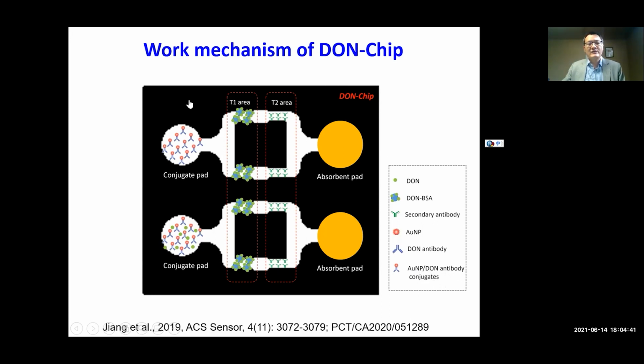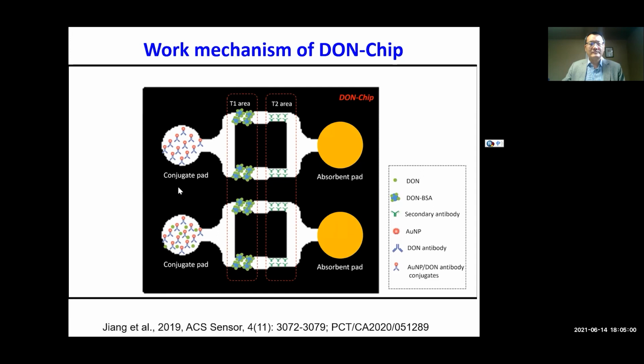Okay, you can see from the chip, from the left to the right, the conjugate pad, the T1 area and the T2 area, and also the absorbent pad. So you can see the mechanism. One has the low concentration here, and most of the reaction is in this area, with the strong signal here and the weaker signal here.